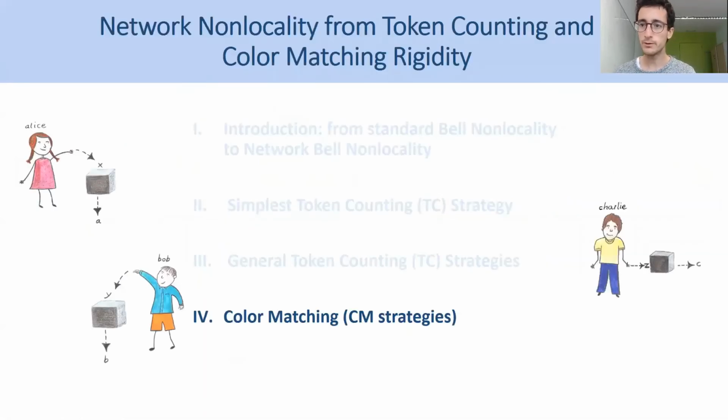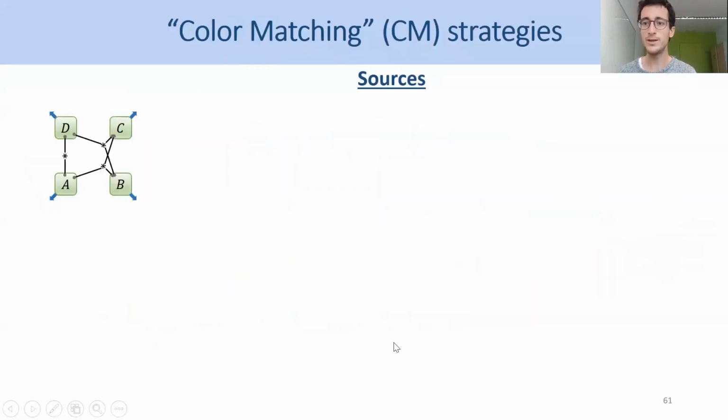In the few minutes I have left, I also want to say that token counting strategy and rigidity is not something which is just about token counting. We were able to find another class of strategies which are also rigid, and this is color matching. Let me briefly introduce what color matching strategies are.